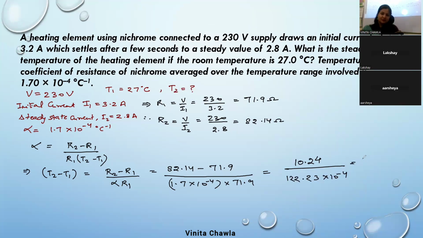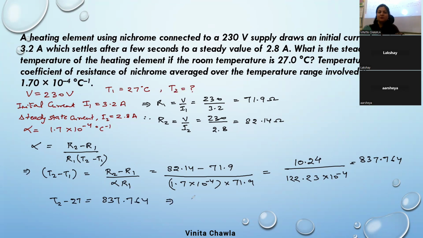Answer is 837.764. But we have to find the value of T2, right? So T2 minus 27 degrees Celsius is 837.764.